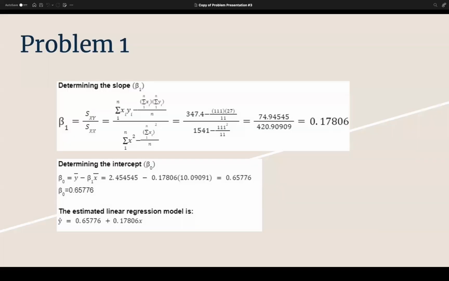So the first step would be determining the slope. In determining the slope, the equation used is as follows: Sxy over Sxx, which would give us a value of 0.17806 for the value of beta 1.